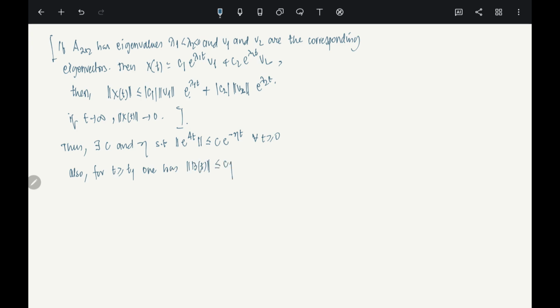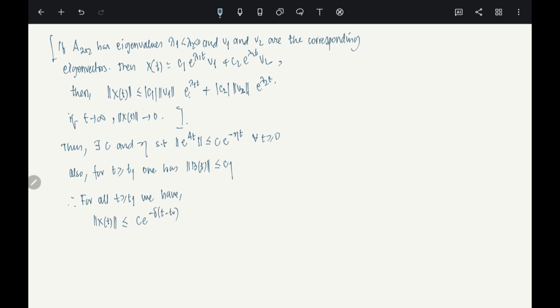Since the norm of B of t goes to 0, for sufficiently large t it has to be bounded, otherwise this is not going to happen. Therefore, for all t greater than or equal to t1, we have the norm of x of t bounded by c times e to the power minus delta t.